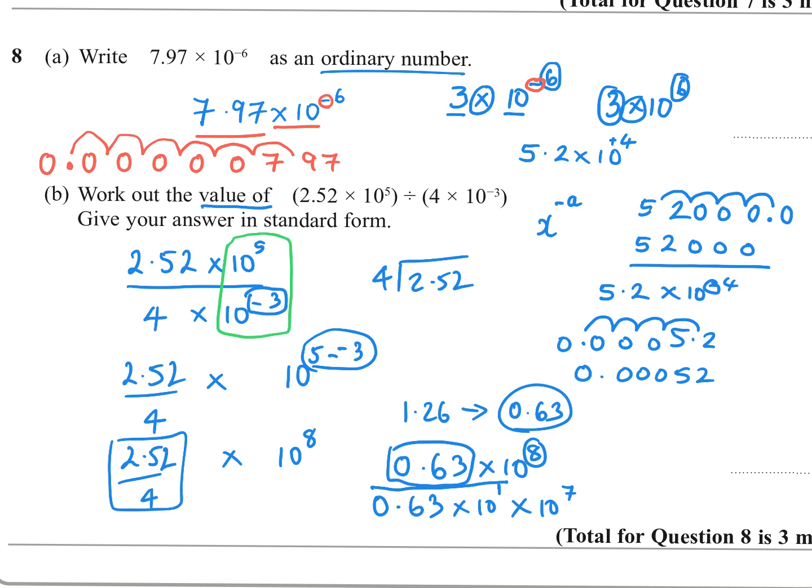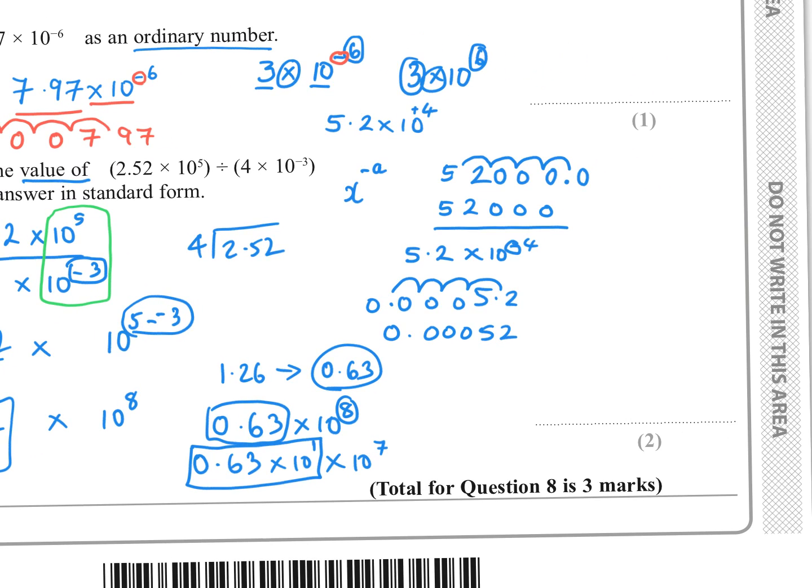And then this helps us to find our final answer. So what we can do is say, okay, 0.63 times 10 is 6.3, and we've just got our 10 to the 7 left. So that's the answer that I would give.